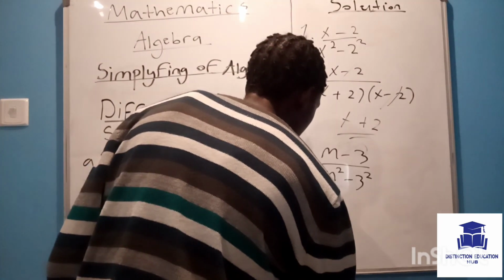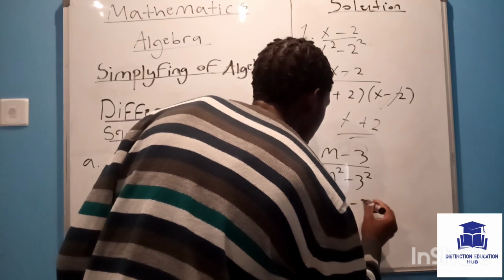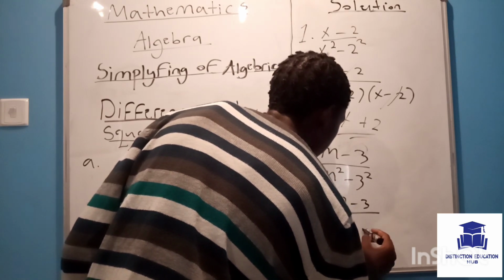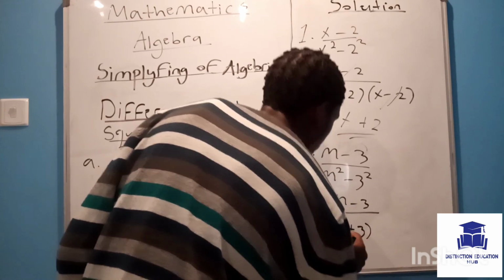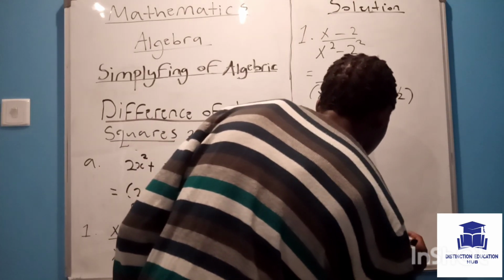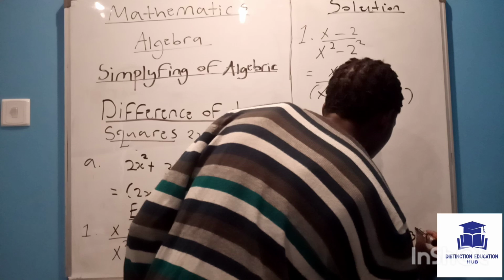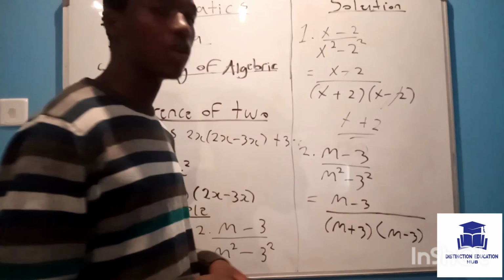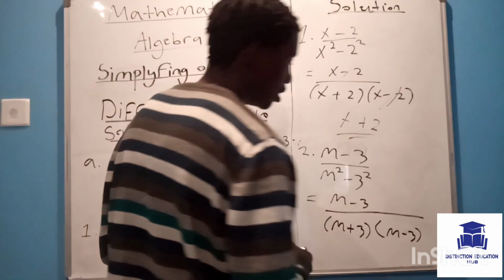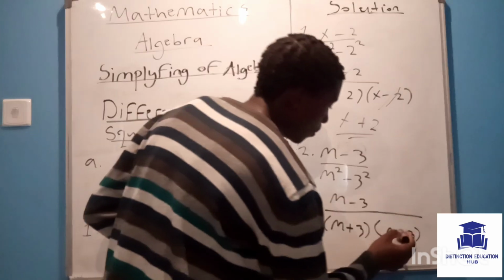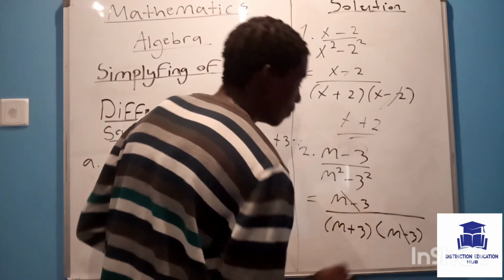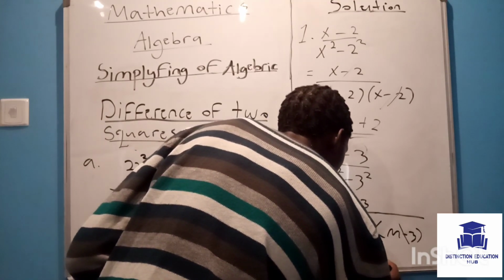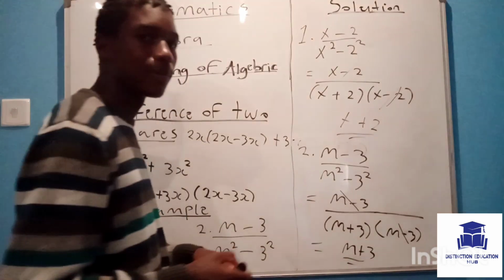So you calculate it like this. m minus 3 over m plus 3, close brackets, m minus 3, close brackets. Then after you expand, you cancel out the like terms. So you identify the ones which are alike, which is m minus 3 and this other m minus 3. Then you remain with m plus 3 and you get your answer.